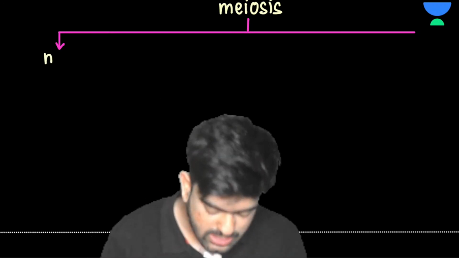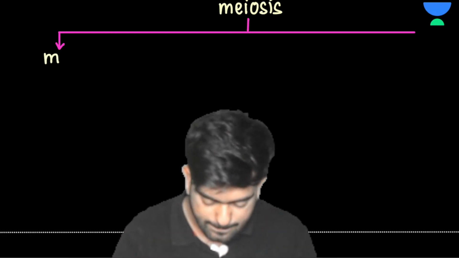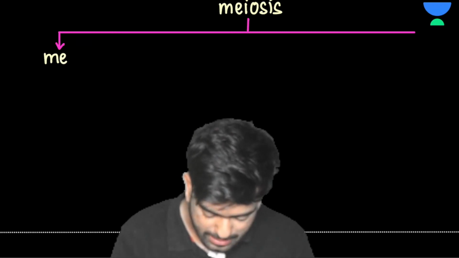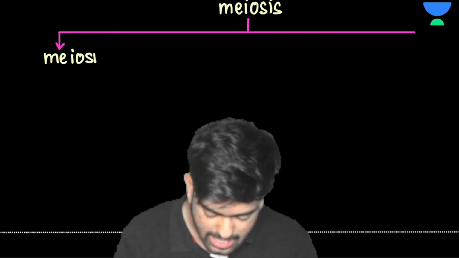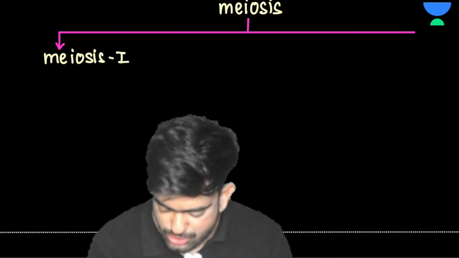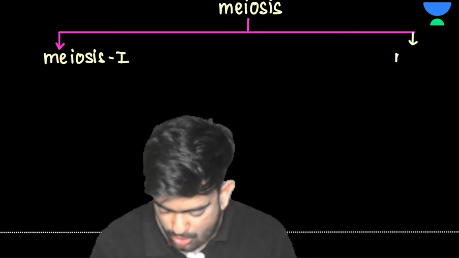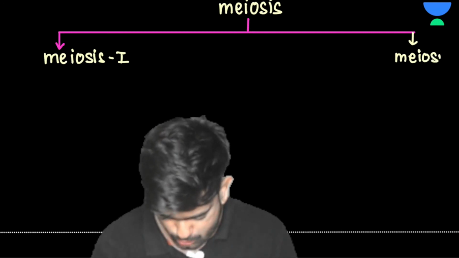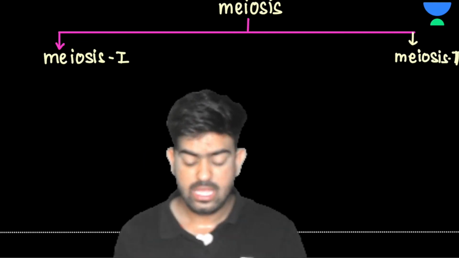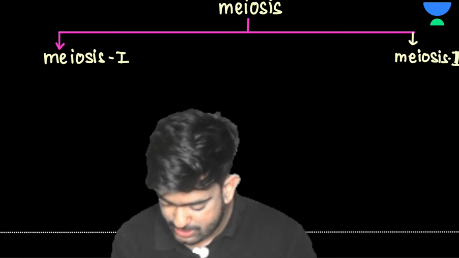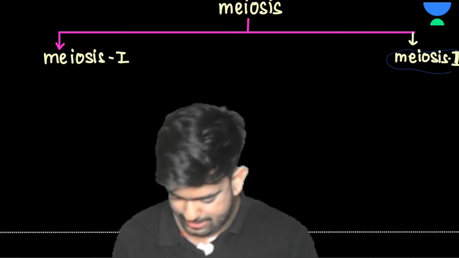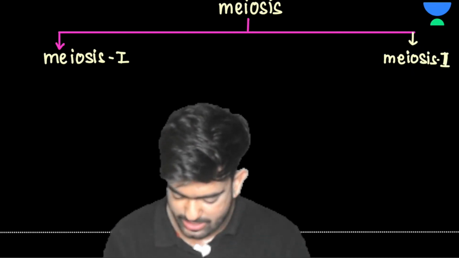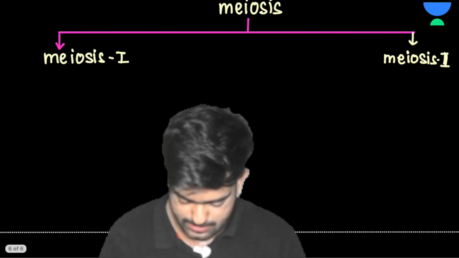Now, meiosis is divided into how many parts? Meiosis is divided into two parts: meiosis 1 and meiosis 2. I should say the M phase of meiosis is divided into meiosis 1 and meiosis 2. If you are watching this video, do keep pen and copy with you so that you can write all the important points.